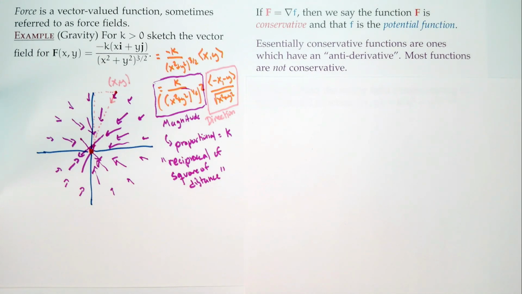The whoa comes from saying, hey, in single variable calculus, all the functions that we dealt with, which were reasonable and nice, for example continuous functions, always had antiderivatives. And so there's something different going on here. When we add this extra layer, not everything works. Well, it can be either good or bad, depending on the situation.